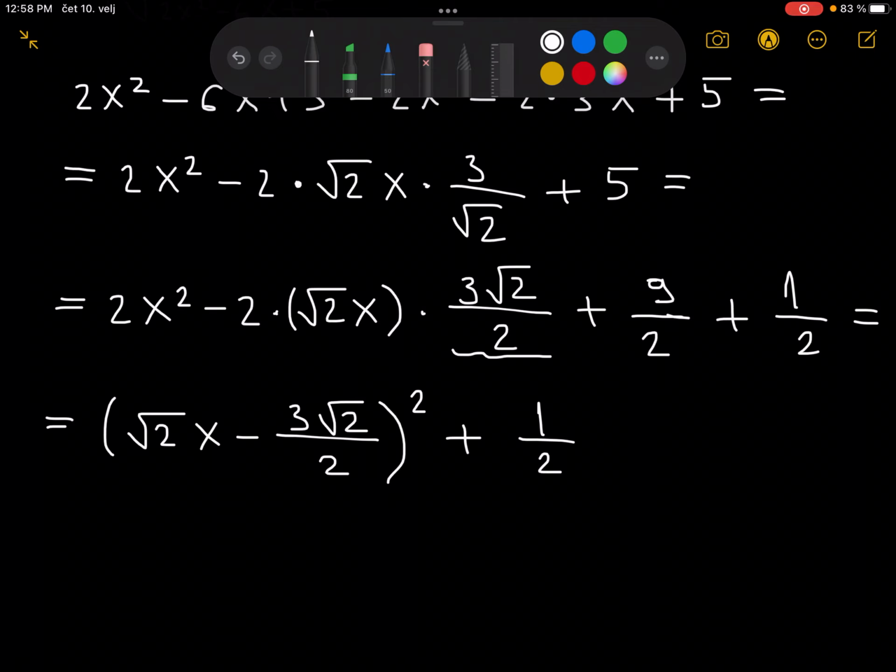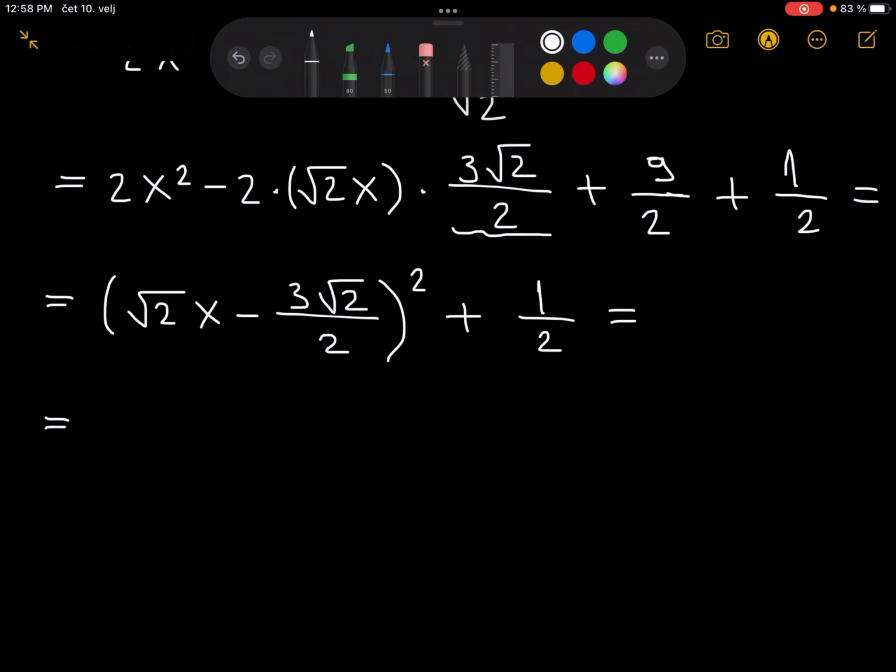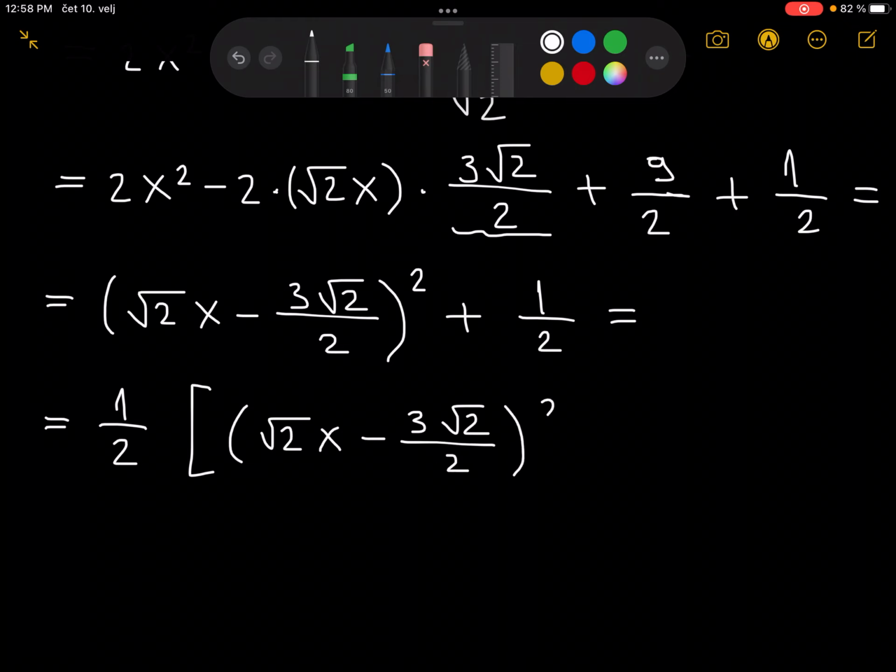Okay, and now that we know this to be true, we can just take out the 1 over 2 in front of everything, and we'll get the square root of 2 times x minus 3 times the square root of 2, quantity squared, plus 1.